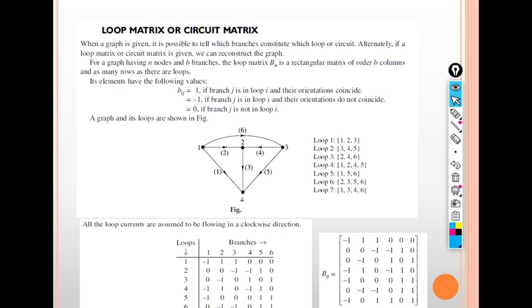So, if a link is added to a tree, the resulting graph contains one closed path, and it is called a loop or circuit. If I draw a matrix from this, it is known as the loop matrix or circuit matrix. Now, what are the properties?